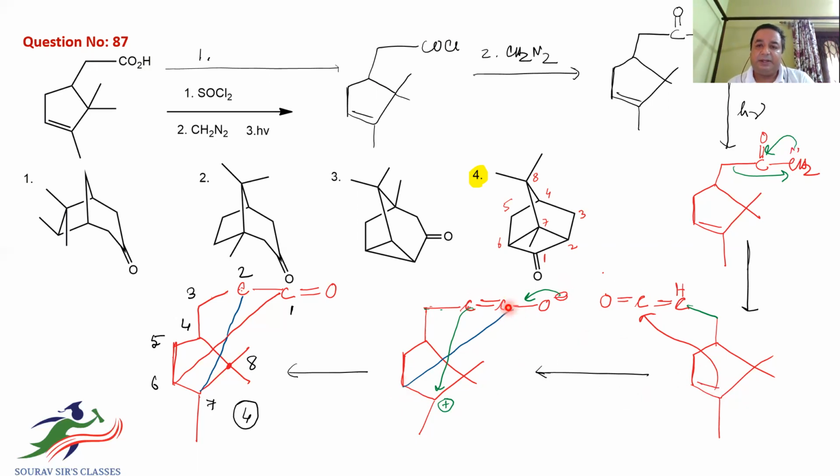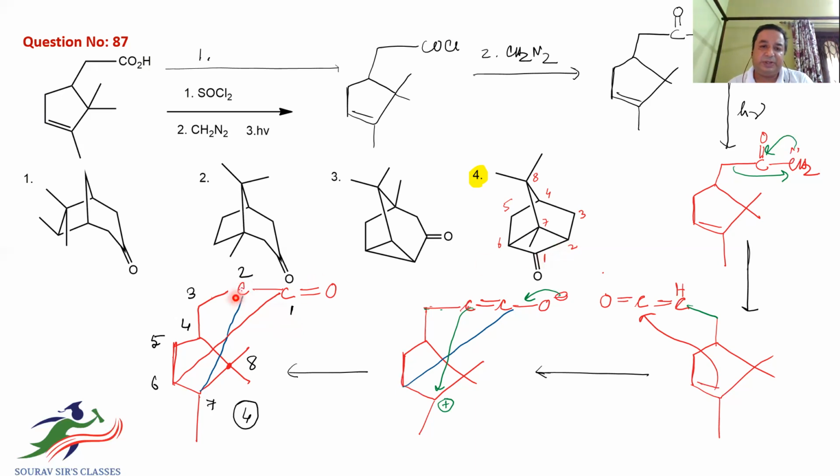Now in the next step, if you bring back the C double bond O by making a double bond over here, then this pi electron will open up, and that will now join to this carbon over here. So if you number this molecule, looking at all the options, I'm choosing this molecule because this is the one that is the correct answer. If you number this molecule, then this is your carbon 1, next to it this is 2.